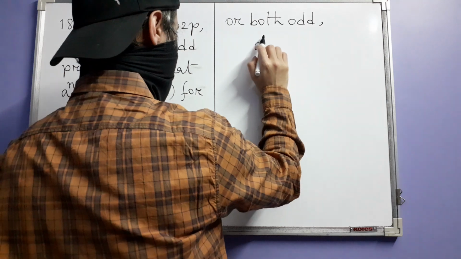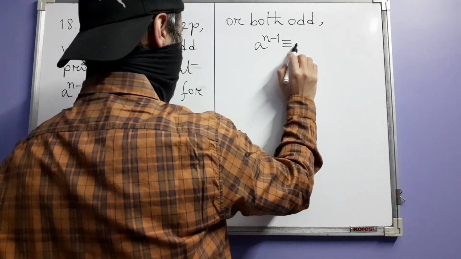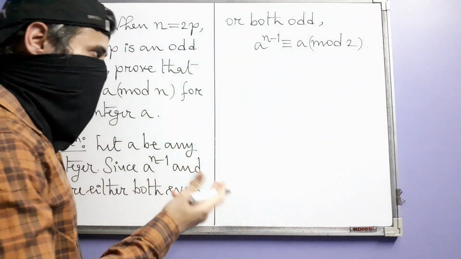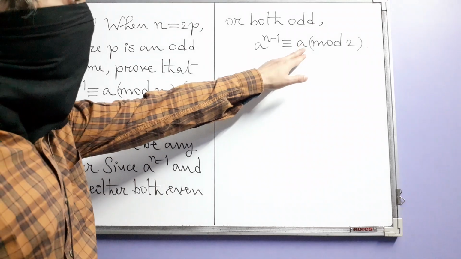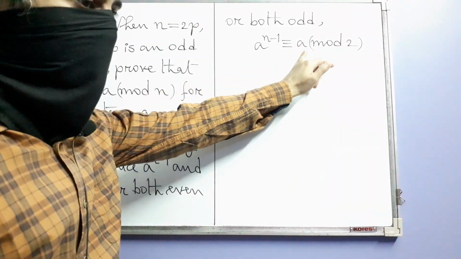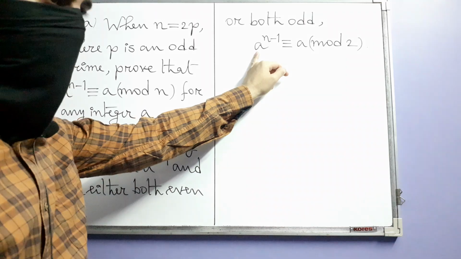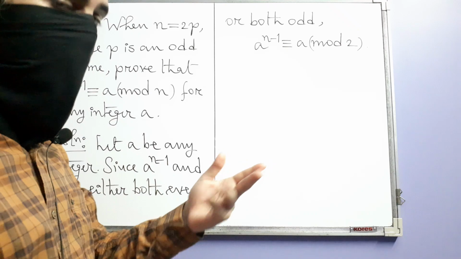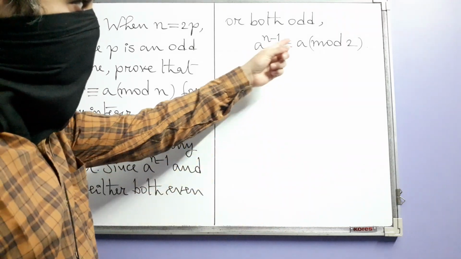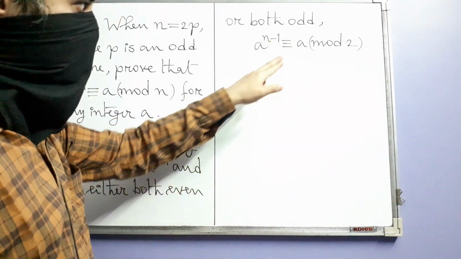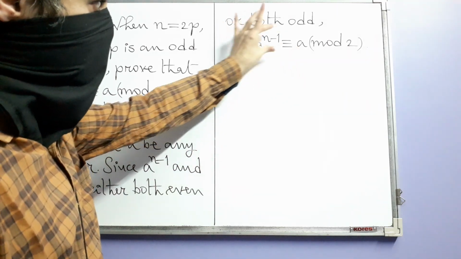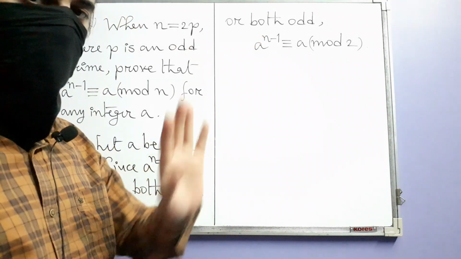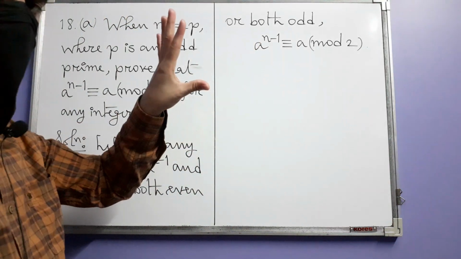So that is why this is congruent to a modulo 2. But why? Well, say a is even, then this side is divisible by 2 and this power is also divisible by 2. So obviously their difference is also divisible by 2, that is the difference is even, and that is why they are congruent to each other modulo 2. But if a is odd, then this is odd, this is also odd. So their difference is again even, and that is why that is again divisible by 2. That's why we have this congruence.